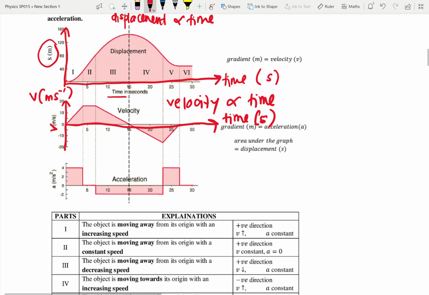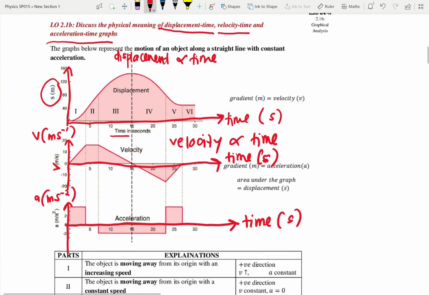And then the third one, look at this y-axis. This is the acceleration, the symbol is A here. So this is A, acceleration in unit meter per second squared, against the x-axis. The x-axis is time t, right? And the unit is second. So we have these three types of graph in this chapter: displacement against time, velocity against time, and acceleration against time.